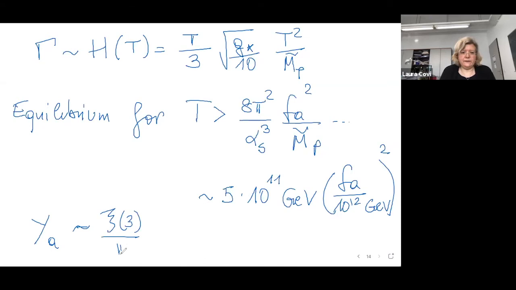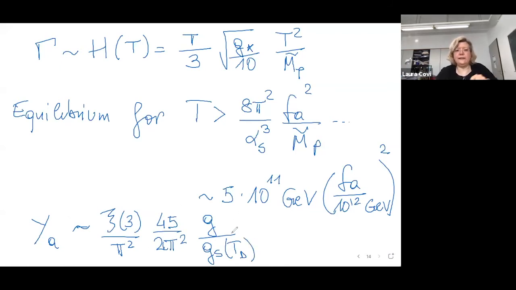So it's pretty easy to estimate. You have 45 divided by 2 pi squared. This is connected to the entropy. Remember, Y is the number density divided by entropy. And here you have the degrees of freedom of the axion, which in this case is just 1, and here the g_s at the temperature T_D. So this is a fixed number.